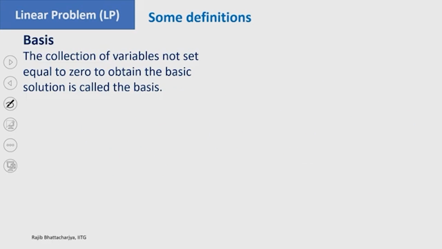Now, what is basis? The collection of variables not set equal to 0, to obtain the basic solution, is called the basis. In the example problem we have taken, suppose we are putting x4 equal to 0 and x1, x2, x3 are not 0. So, what is the definition?